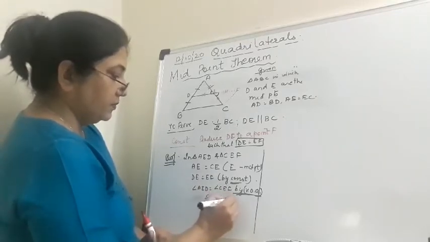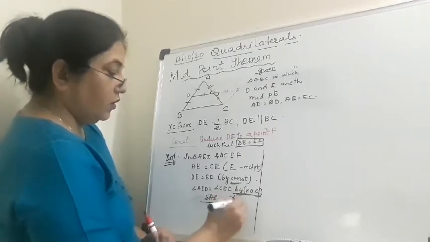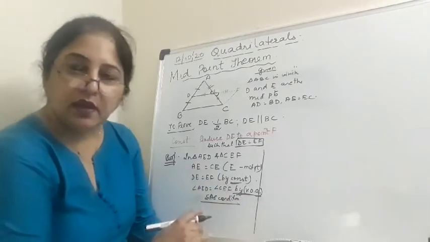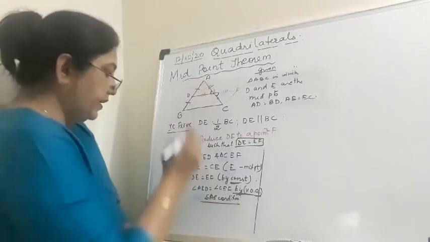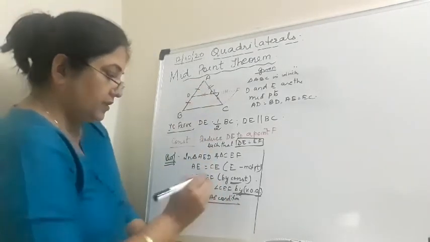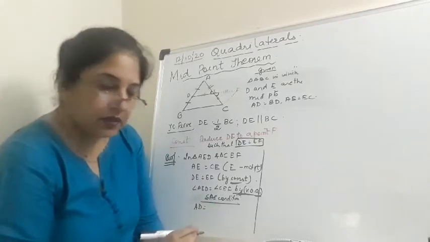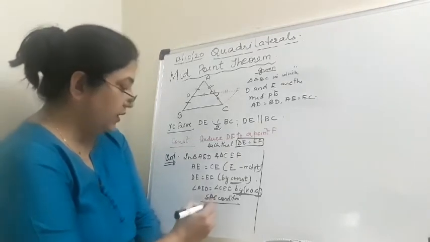SAS condition. Now when the triangles are congruent, you know that the corresponding parts are always equal. So we will write AD is equal to CF.